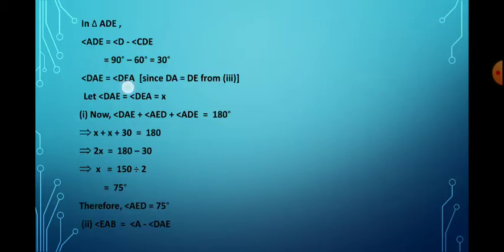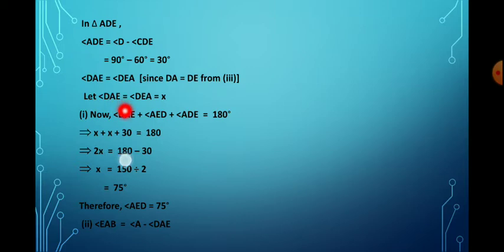So in triangle ADE, how to find angle ADE? That is angle D, the angle of a square, minus the angle of the equilateral triangle. So angle D minus angle CDE, that is 90 degree minus 60 degree, equals 30 degree. Also, angle DAE is equal to angle DEA. Why? Because the sides DA equals DE. From equation 3 we have already found that the sides of the square and the triangle are equal.